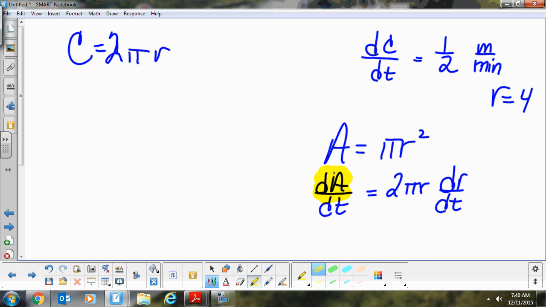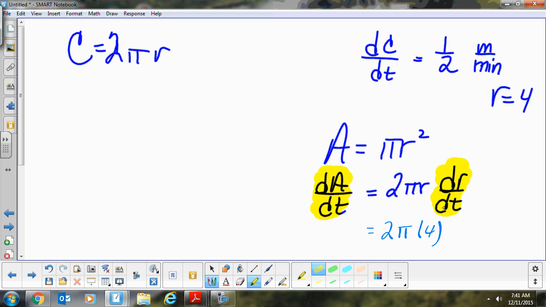They are asking for the rate of change in area. We need this. Did they tell us our radius length? So this is going to be 2 pi times 4. What's missing? What don't we have? We do not have dr over dt, do we?